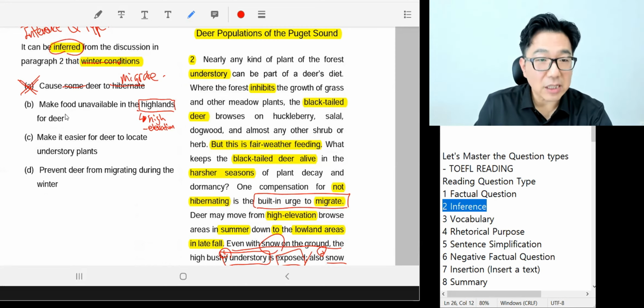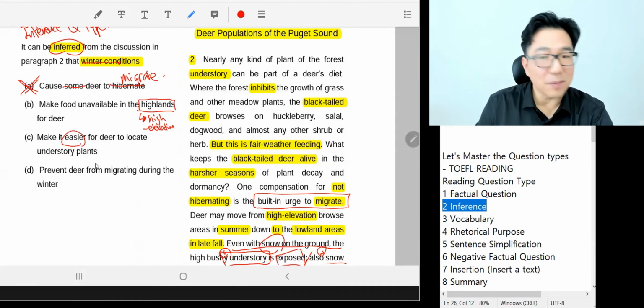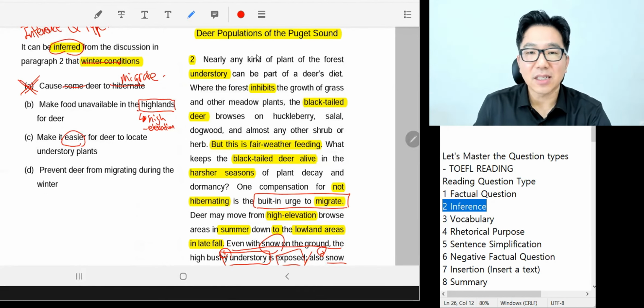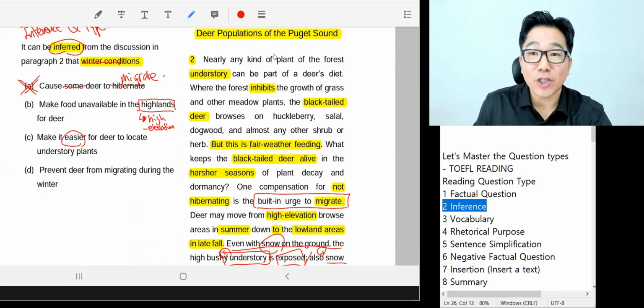So let's double check C and D though. C, winter conditions make it easier for deer to locate understory plants. Where though? Okay, first, it's wrong because it doesn't say that it makes it easier, all right? And also, if we infer in the high elevation area, definitely it doesn't make it easier.